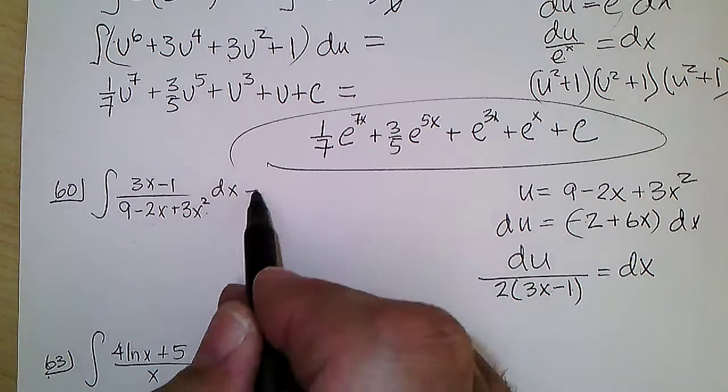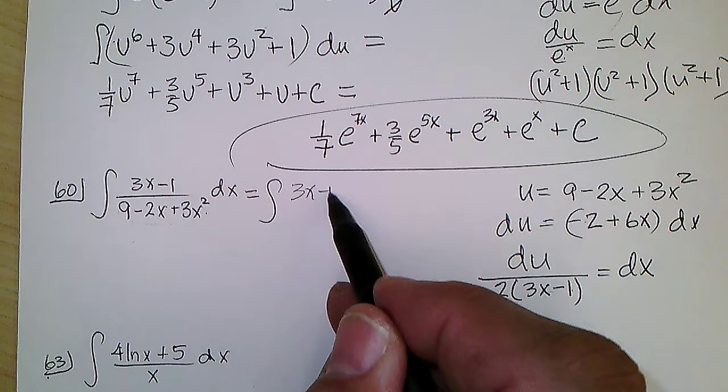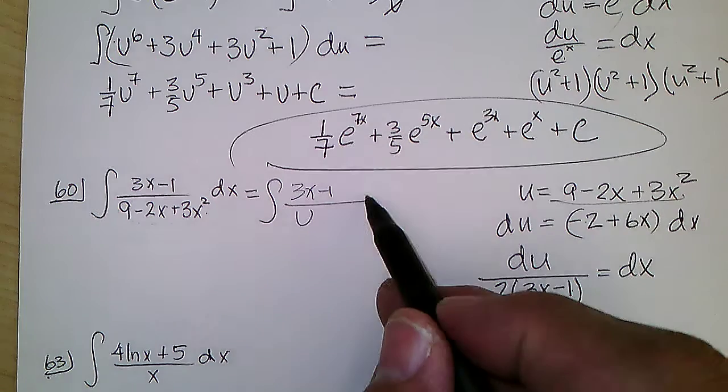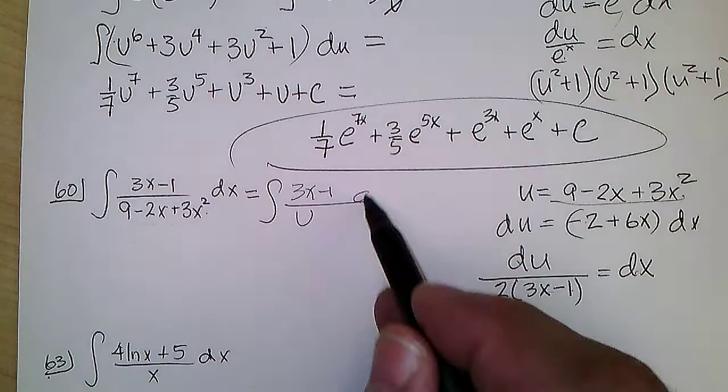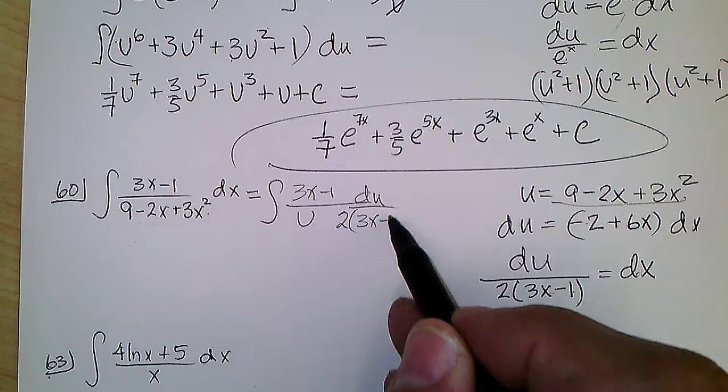So, this becomes the integral of 3x minus 1 over u. That's what I let u be. And dx is du over 2 times 3x minus 1.